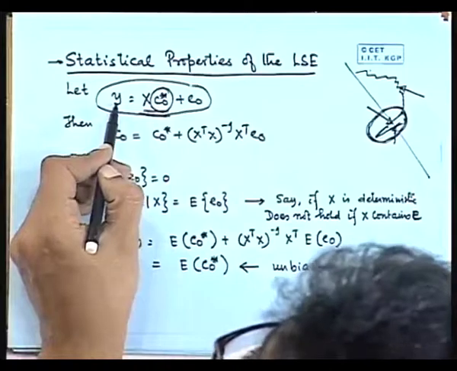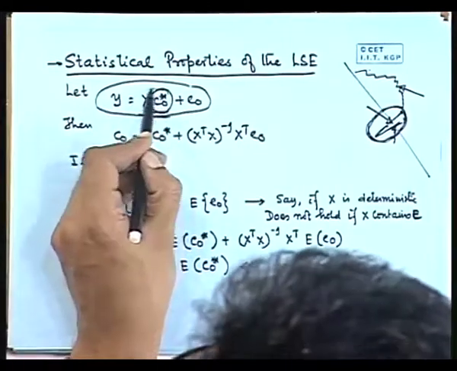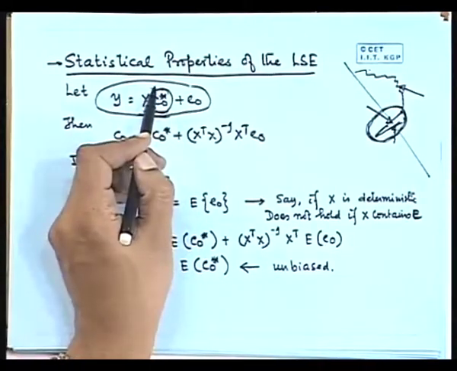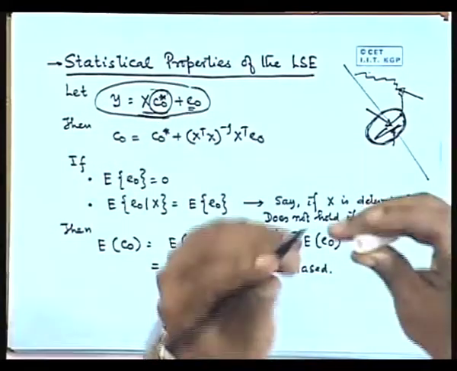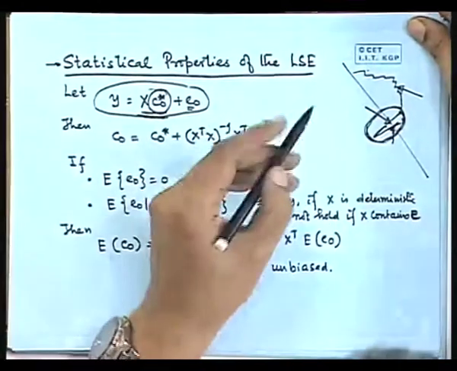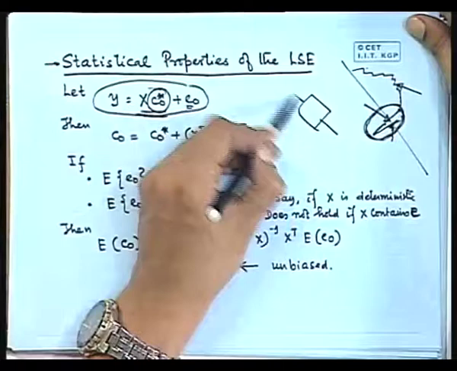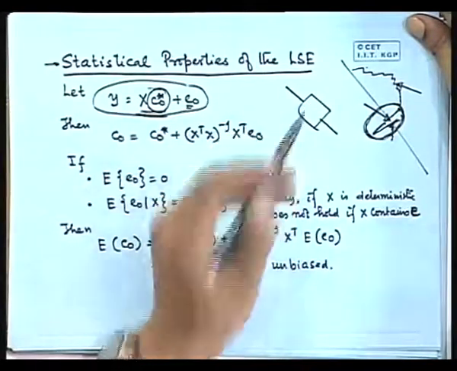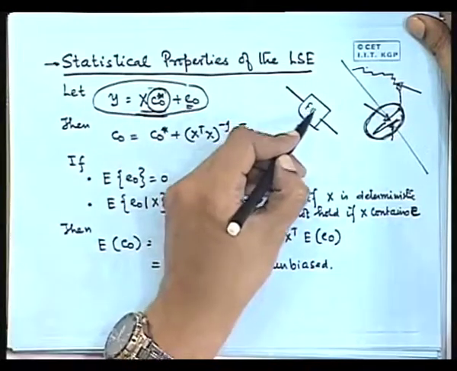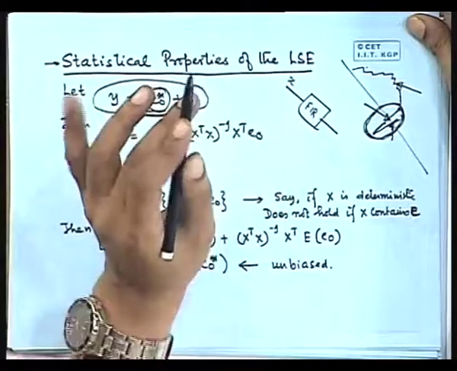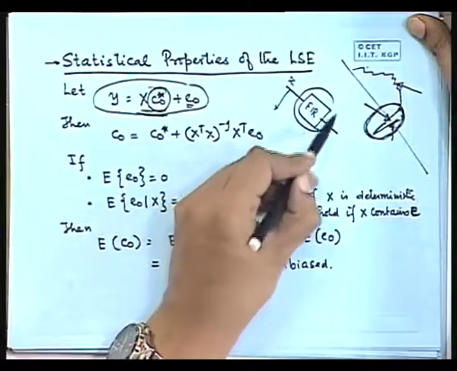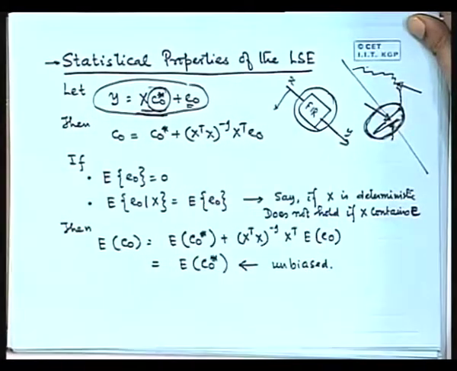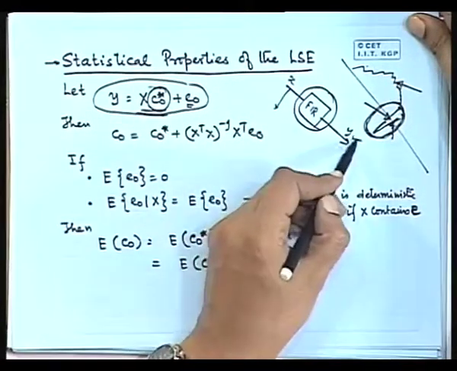Suppose y is actually generated with the same model that we are trying to assume, but there are some additional terms. It is as if the data y and x are actually generated using an FIR filter. Some x which you are measuring and some unknown FIR filter has generated y, the observation.